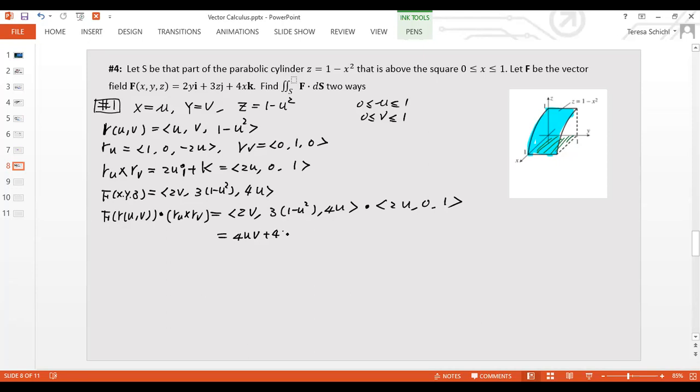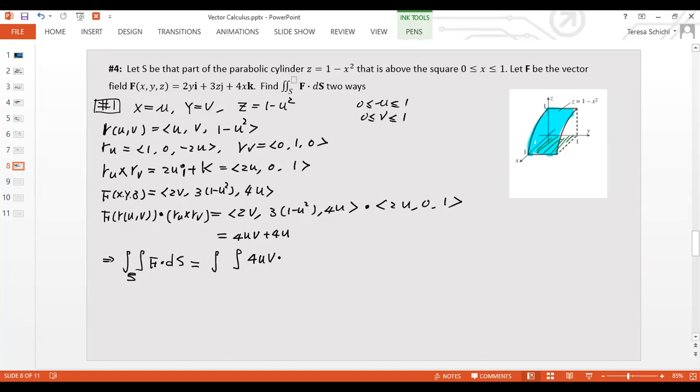That's pretty good. Now you can see the integration over this surface, the integral of F dot dS of this vector field over this surface, is just like we did before for the scalar field. You can change to two variables. What is the integrand here?